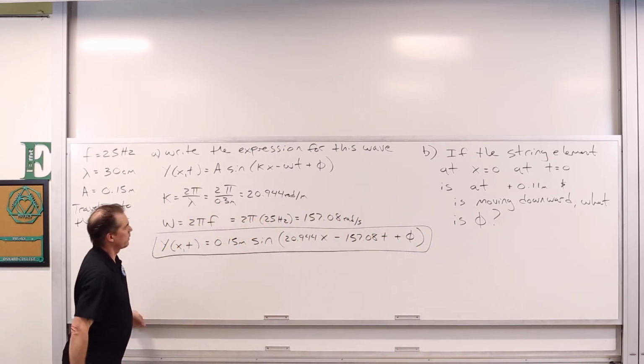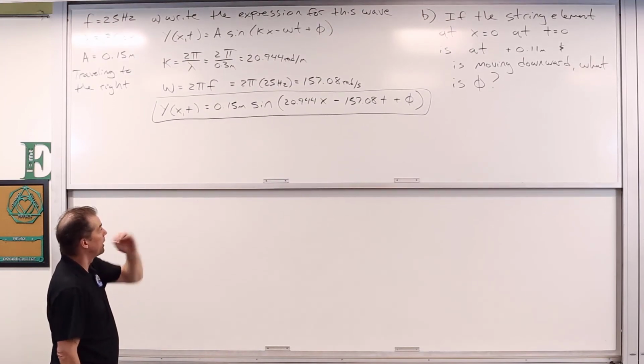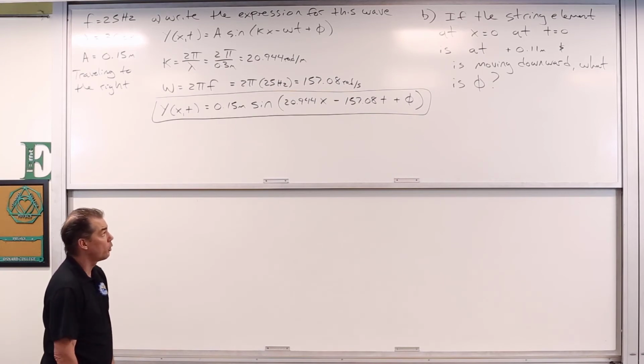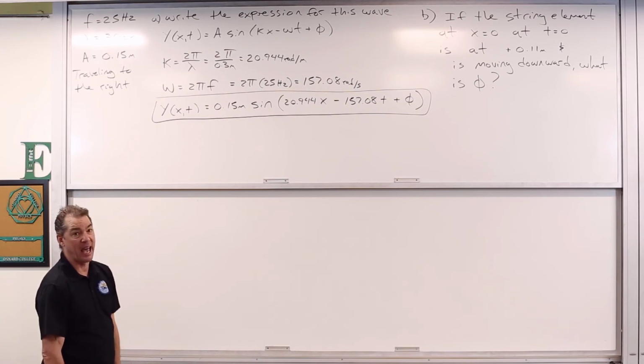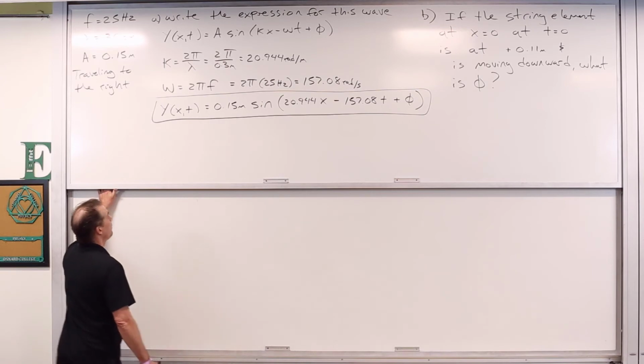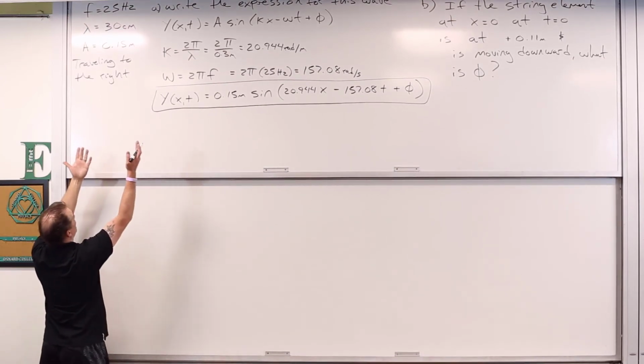Just a restatement there so I can look at it and say, okay, we've got some initial state of the system, x equals 0, t equals 0. We've got a particular displacement of that element at that time, and we're also told what direction it's moving in at that element's position at that moment in time. So what do we know about this? We know the function.